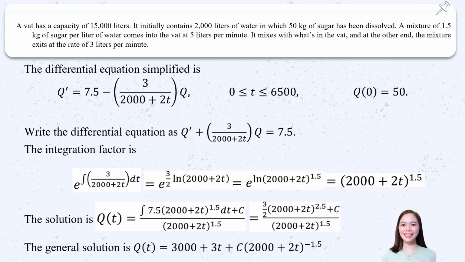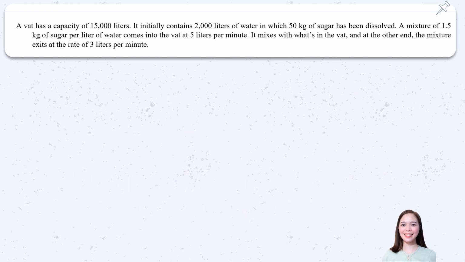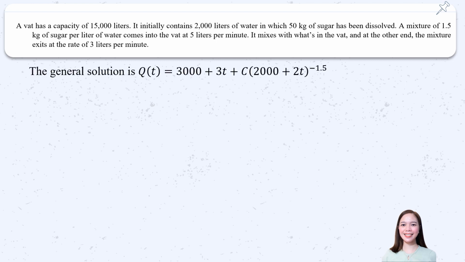So the general solution is Q(t) is equal to (3000 + 3t + C) times (2000 + 2t) raised to negative 1.5. Since we already have the general solution, and we already know that the initial condition is Q(0) is equal to 50, we have to solve for the value of C.